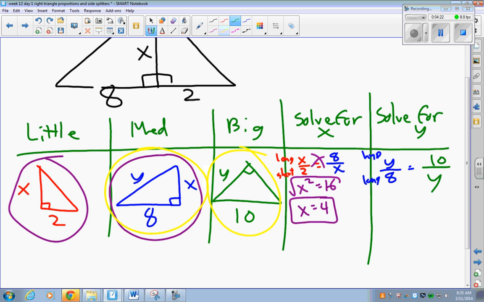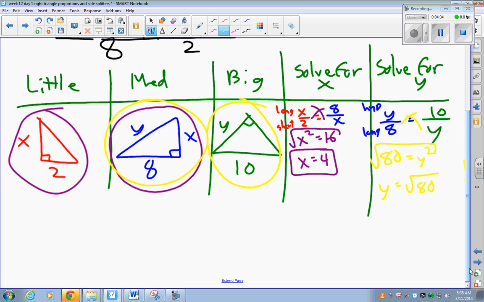Okay? From that, you can cross multiply and solve. 80 equals y squared, square root of it. Y equals square root of 80. That is not nice. Okay? Square root of 81 is nice, but square root of 80 is ugly. So for right now, I might be teaching you later how to reduce that radical.